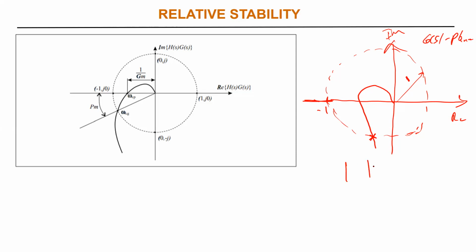When the magnitude equals 1, find omega. Call it omega CG. Look, in the gain margin case, we set the phase equal to minus 180. Now let me make the magnitude equal to 1, and I can find the frequency, can I?